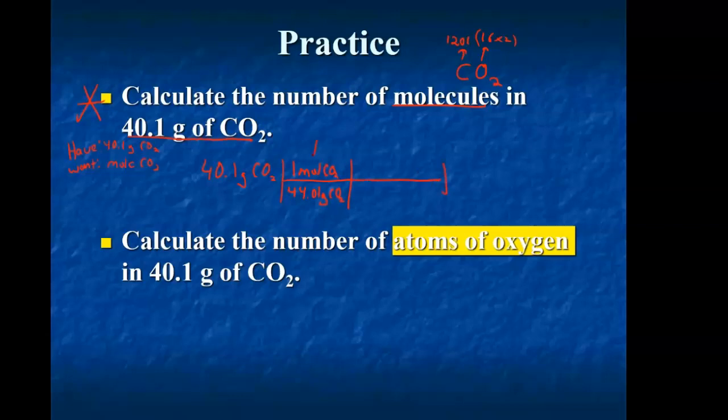I just put them on the wrong side. And we're not done, because we would be ending at moles. So grams cancel, and in 1 mole of CO2, we have 6.02 times 10 to the 23rd molecules of CO2.